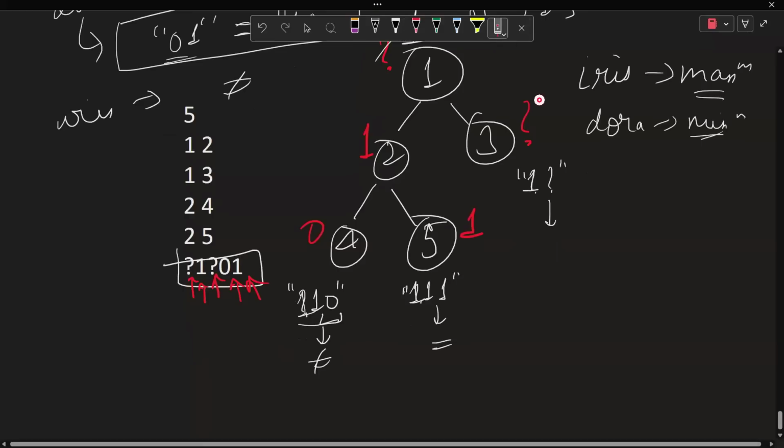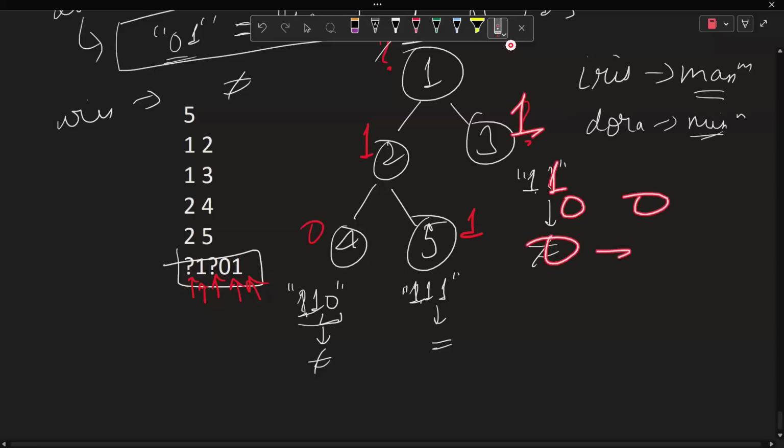Here this question mark, be it 0 or be it 1, if Dora replaces it with 0, it would become 1, 0, and they would become unequal. And if Dora replaces it with 1, it would become 1, 1, and there would be no 1, 0, no 0, 1. So it would become equal.